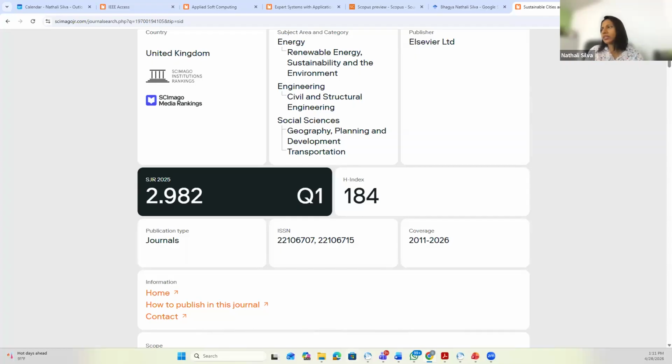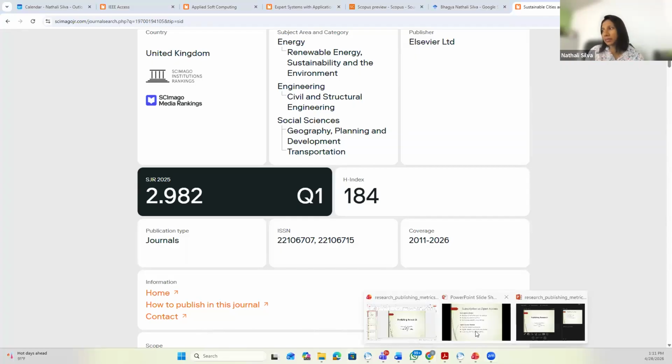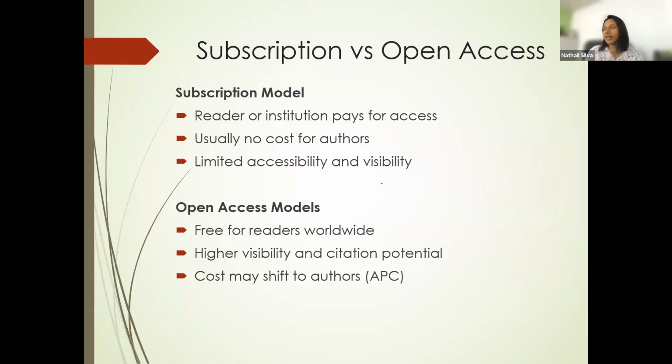So it actually does not hinder the visibility that greatly, because most of the developed countries and most of the institutions in Sri Lanka also now are focused on getting these subscriptions for the institution. So you can't consider that as a disadvantage, because it allows us to freely publish our work.